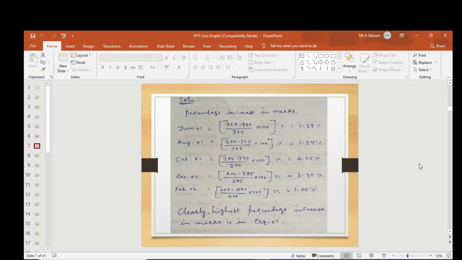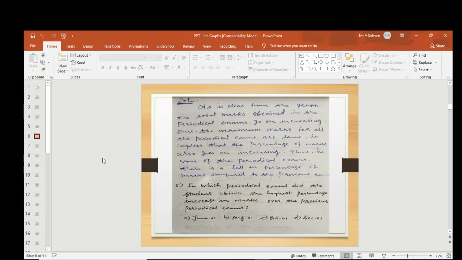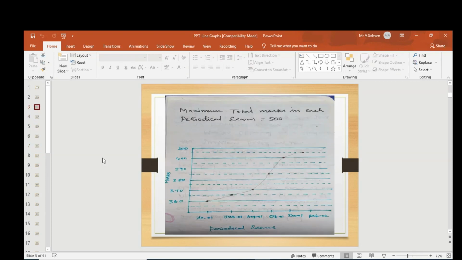Now we are going for the solution. Look at that part. The percentage increase in marks, only the adjacent, that means nearby periodical exam marks. First of all, June 2001. We have to compare with the previous one. We are not supposed to consider April, because the previous periodical exam is not there, it is only the exam start.